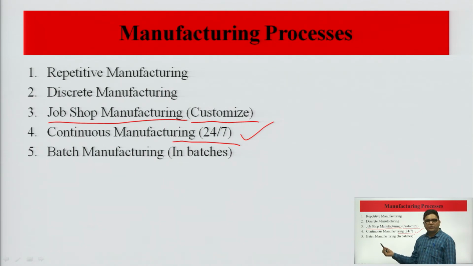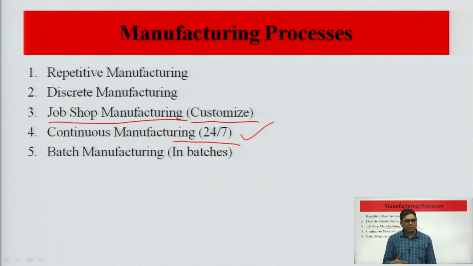Next, it is about batch manufacturing. We are manufacturing products in batches. Once one batch is completed, we clean the equipment and machinery, and then when the order comes, the next batch is manufactured.